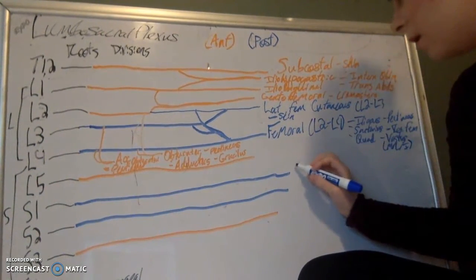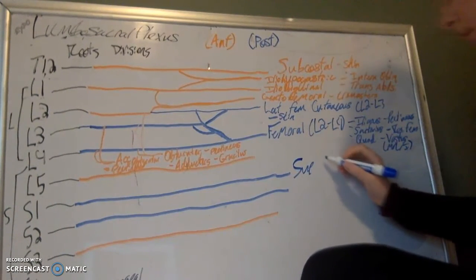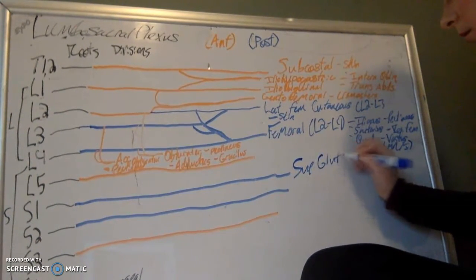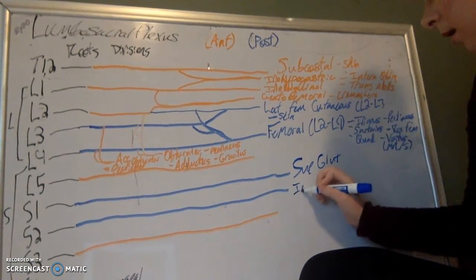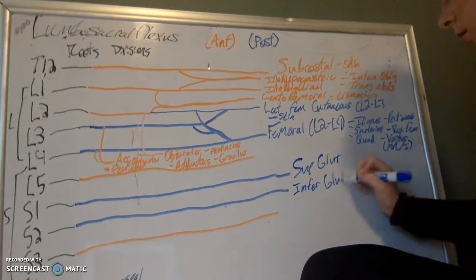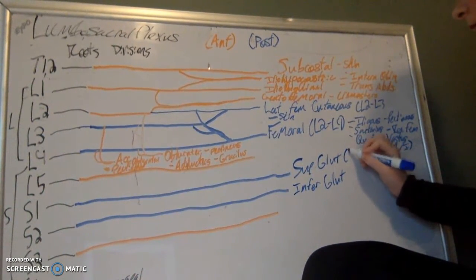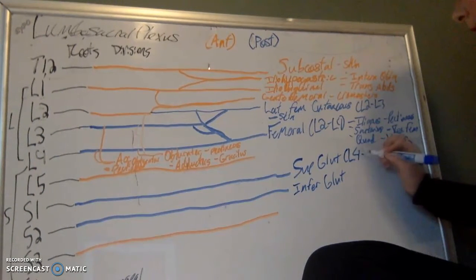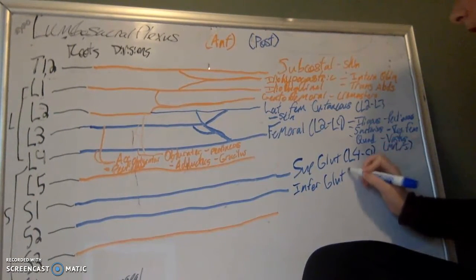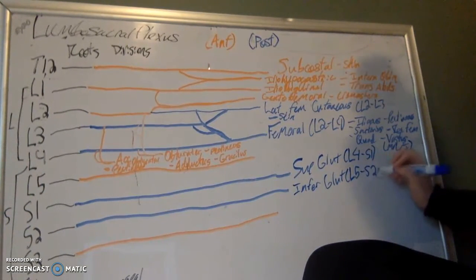And then moving downward, we are going to have the superior gluteal nerve, the inferior gluteal nerve, and the superior gluteal nerve will have innervations from L4 to S1. The inferior gluteal nerve is going to have innervations from L5 to S2.